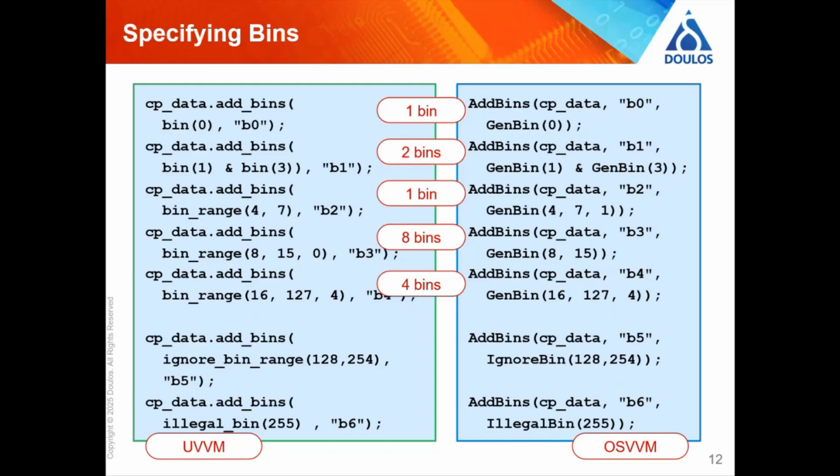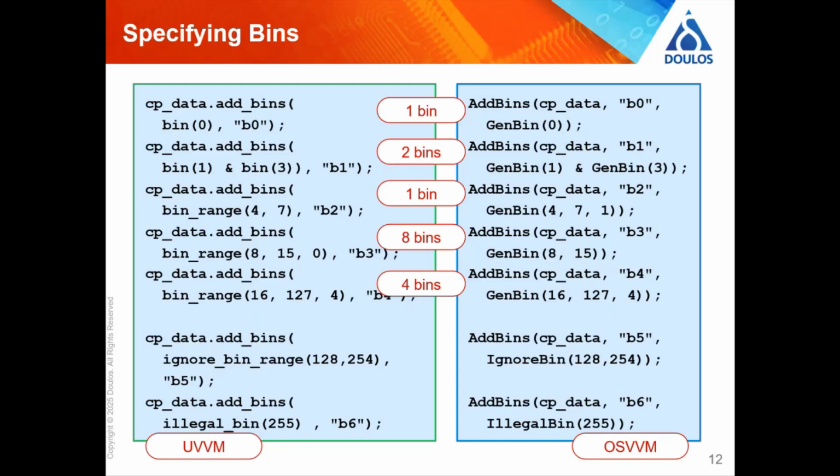In the OSVVM example, to get 1 bin, we said get 1 bin, and the default is to get 1 bin per value. The fifth example is creating 4 bins across the whole range. So between 16 and 127 inclusive, we're dividing that into 4 parts.